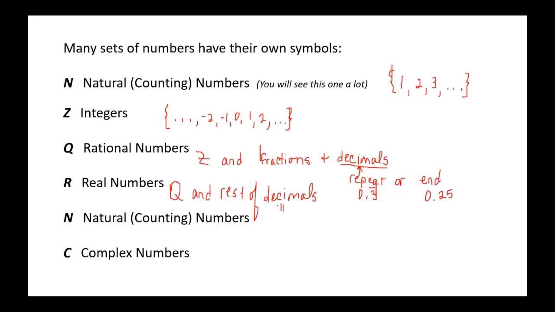In other words, I could put an example here of pi, 3.14159, and so on, and it just keeps going. I am sorry about the repetition on here because you certainly don't need the natural numbers on there again.